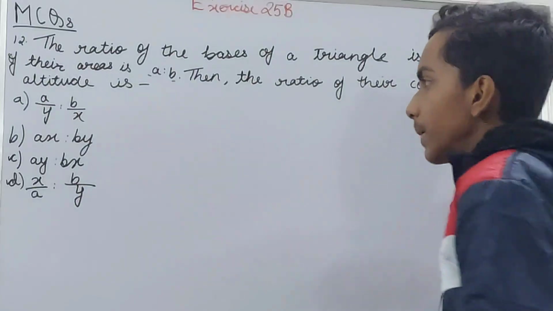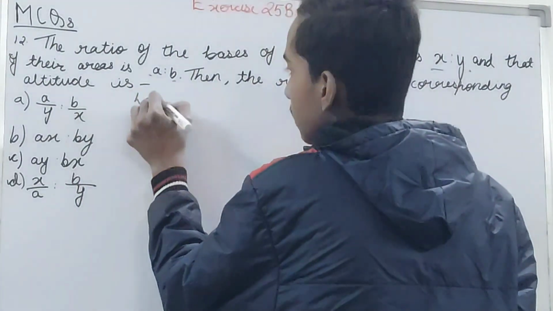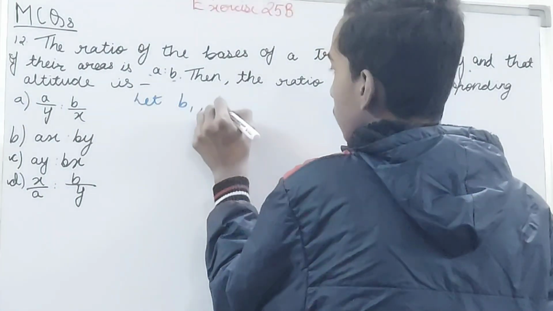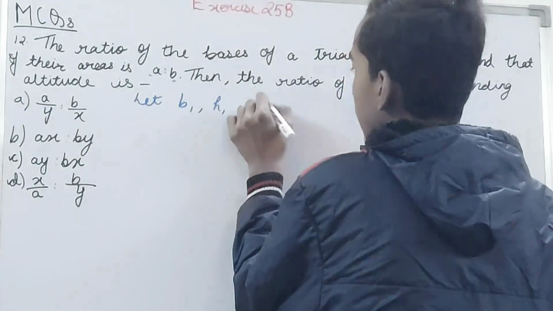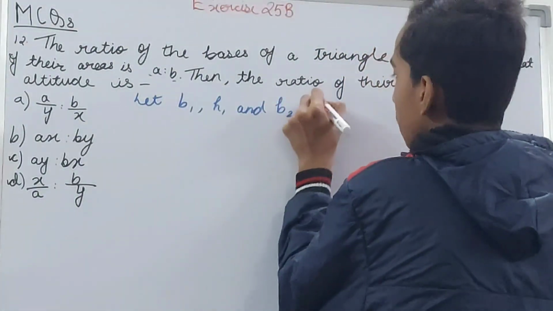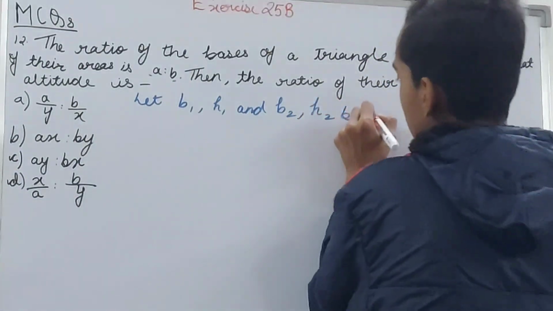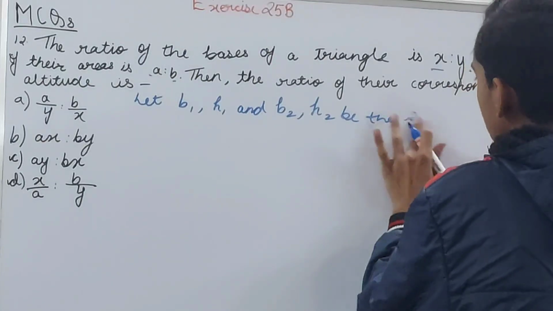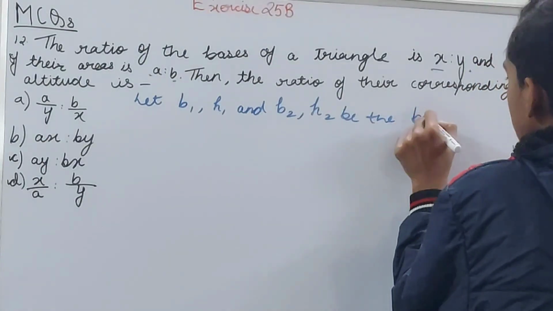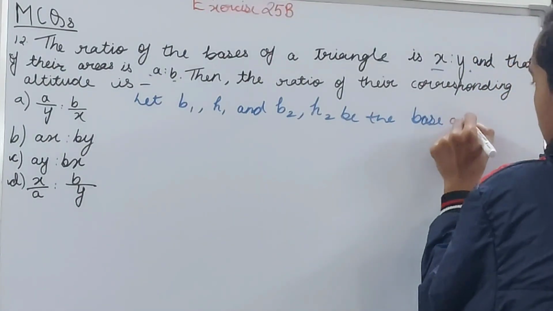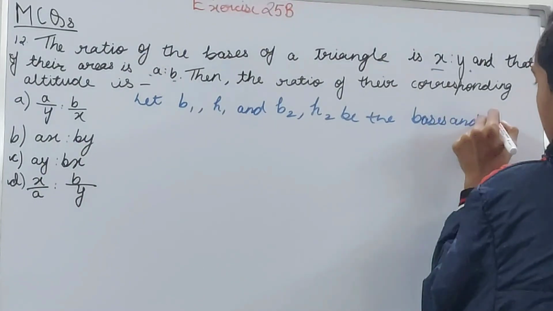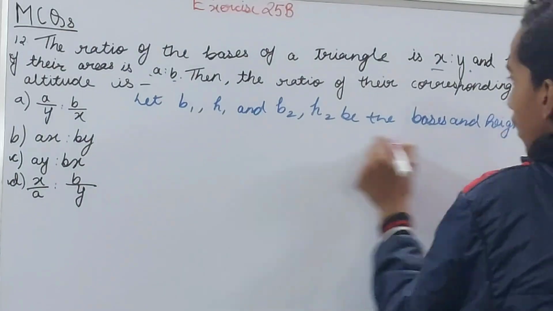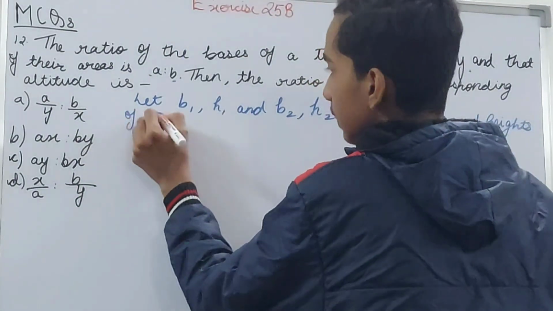Okay, see, let b1, h1 and b2, h2 be the bases and heights of the two triangles.